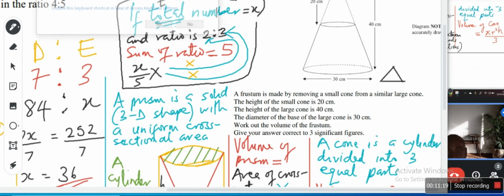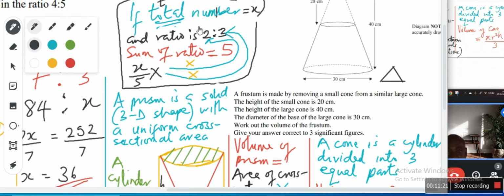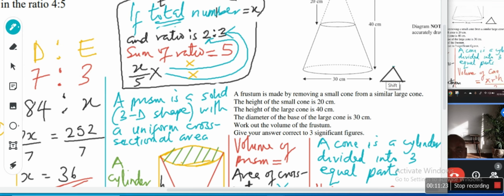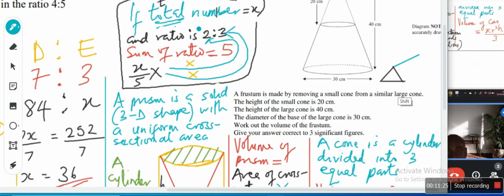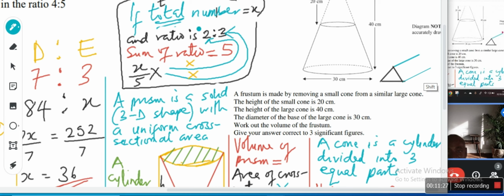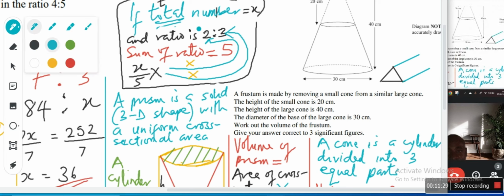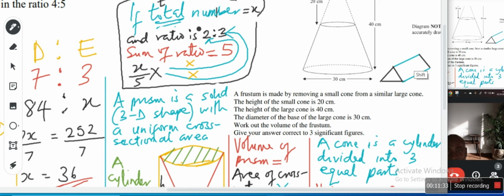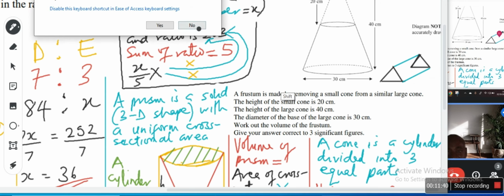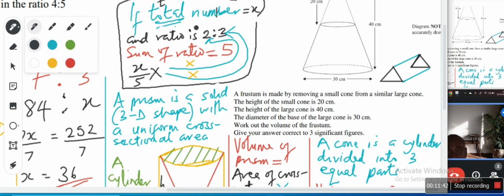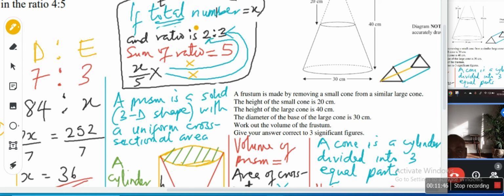There are other kinds of prism, so I might decide to draw this. And of course, that's also a prism.